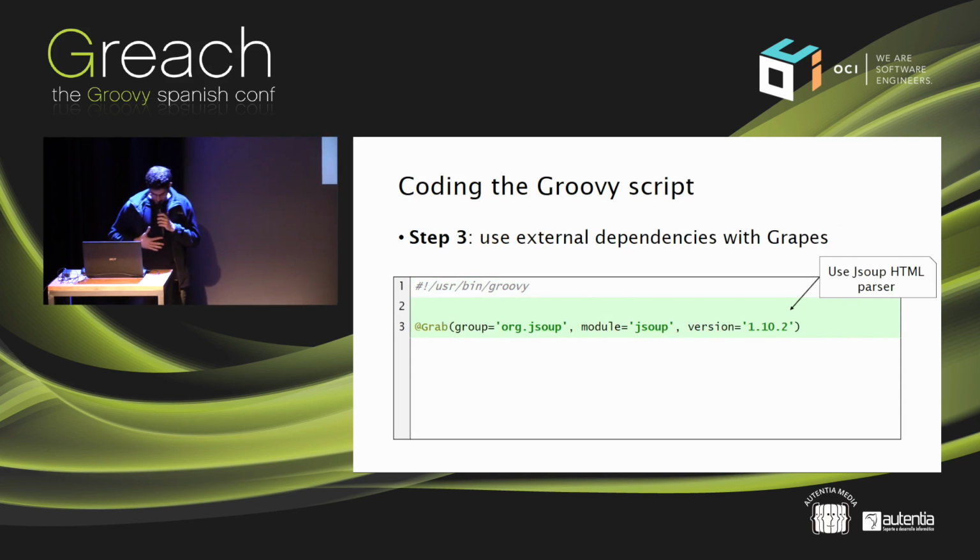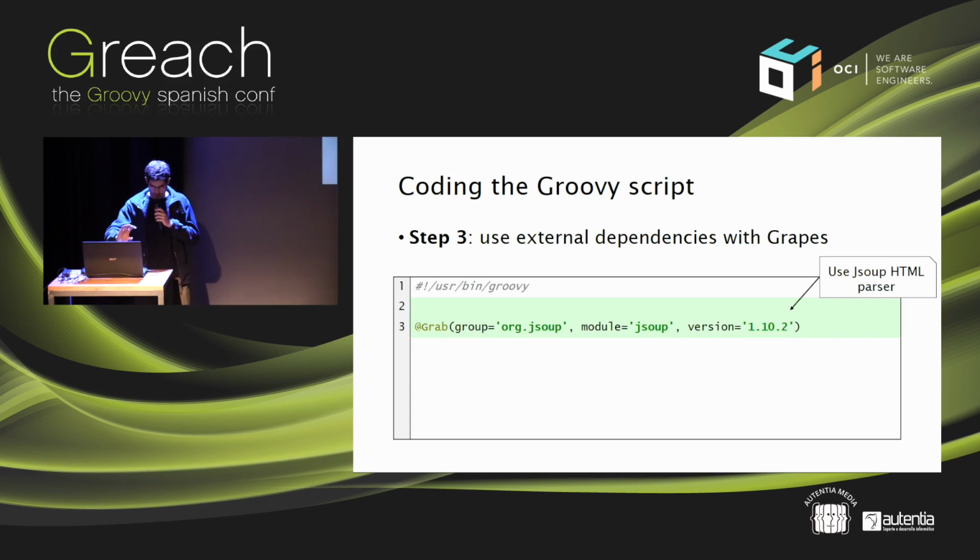Then we can download external dependencies in order to perform the tasks that our script will do. We do that with Grape, which is a dependency manager embedded in the Groovy language.